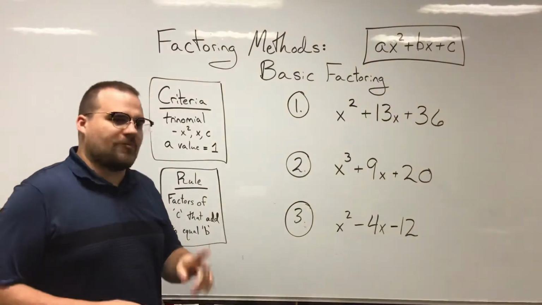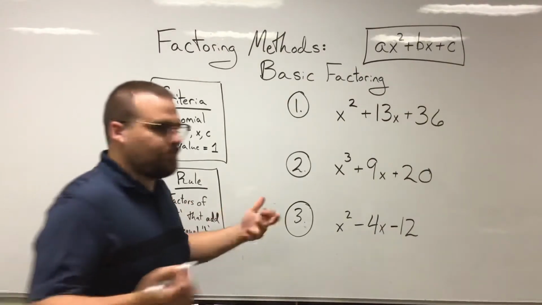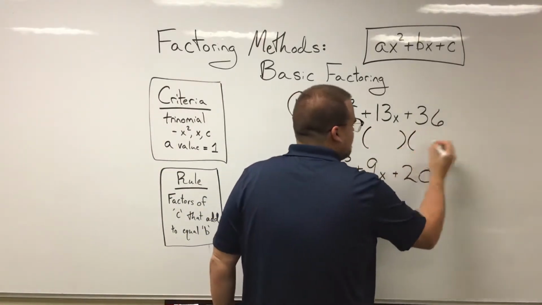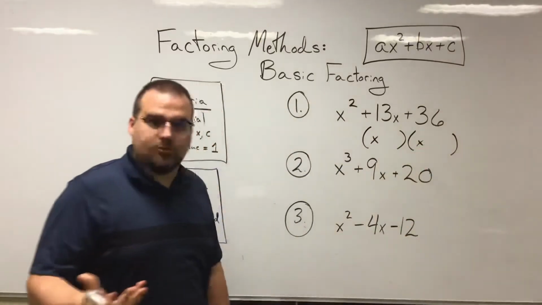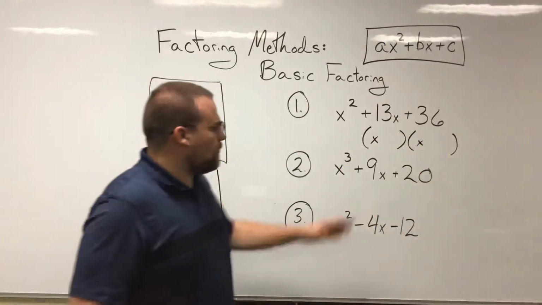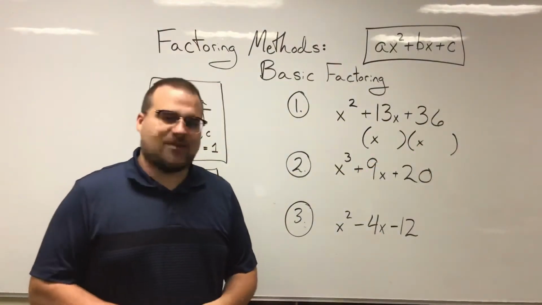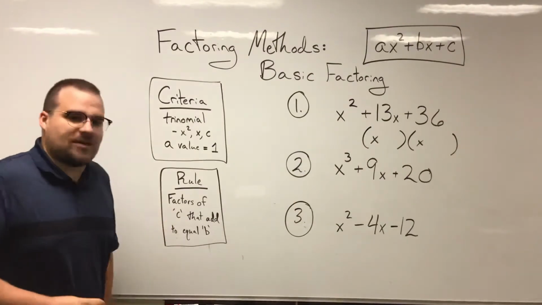So always remember the first step in basic factoring is simply to write 2 binomials that begin with x. This is going to be the basis for our solution to the problem. We just have to figure out what numbers go with them. That's when our rule comes in, factors of c that add up to b.